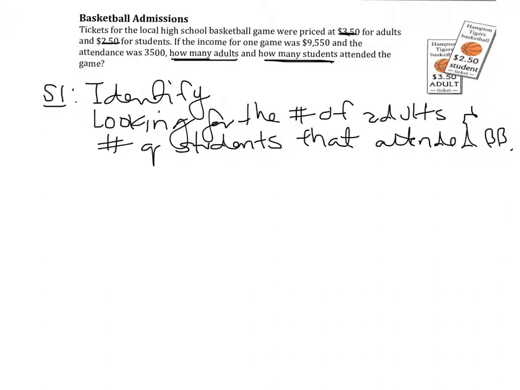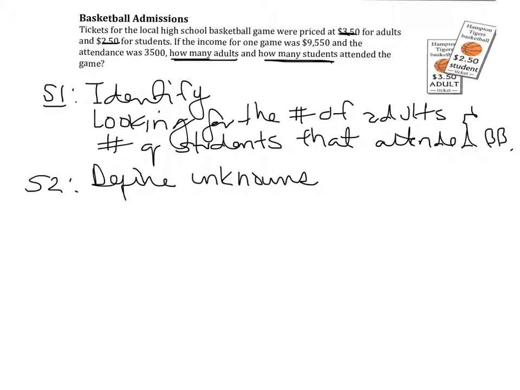Again, this is 1 point on your test, and on your ICA, this tells me that you know what you're looking for. I can't assume, I don't know what you're thinking if you don't write it down. Okay, so step 2 is define your unknowns. So again, what don't we know? Well, we just wrote it down, right above.